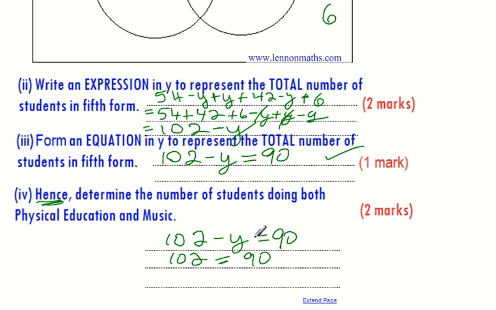If I add y to this side, it's cancelled over here, and we add y over this side. Some people look at it as just transferring. So you can actually do that in your heads. 102, carry over the y, and so it becomes positive over here. We transfer the y over this side from minus to plus.